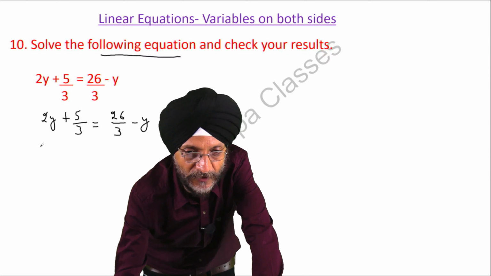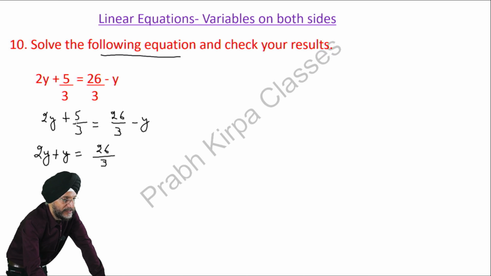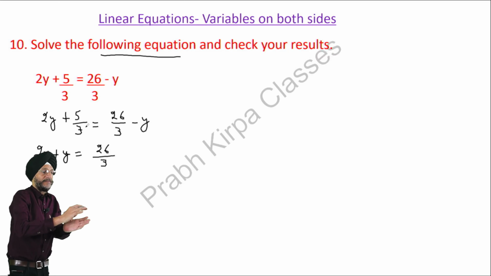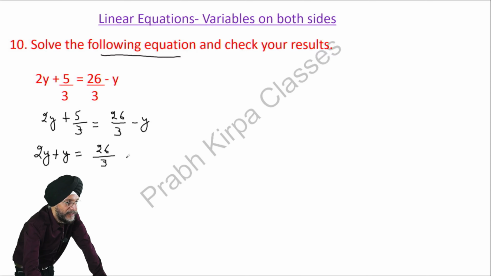So now first of all we will take this variable to the other side. Here it is negative and it becomes positive on the other side. Now 26/3, here we will take this plus 5/3 to the other side, and when it is shifted to the other side, because it was positive, it becomes negative.